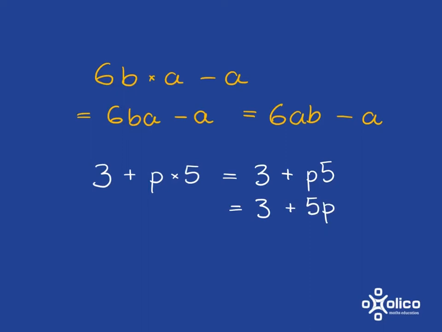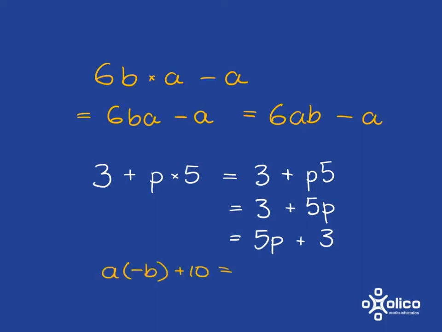So we'd rather write it as 3 plus 5p, and more often than not, we will start off with the terms that have got letters in them before we write numbers. So none of these are wrong, these are perfectly decent, but this is the most conventional way to express it.